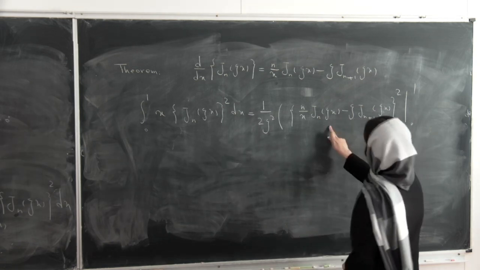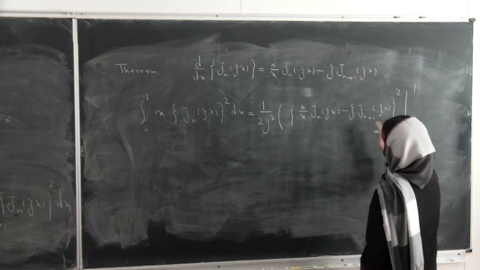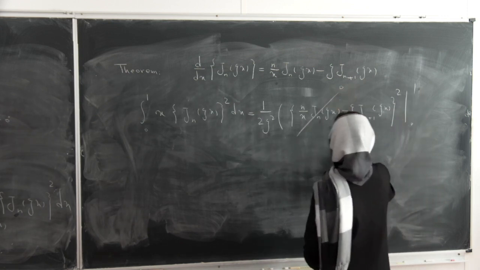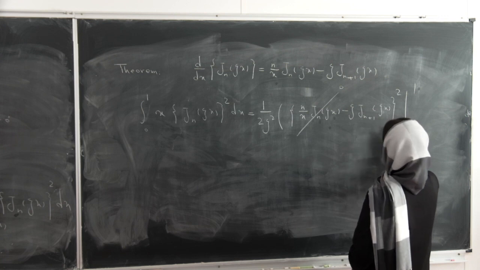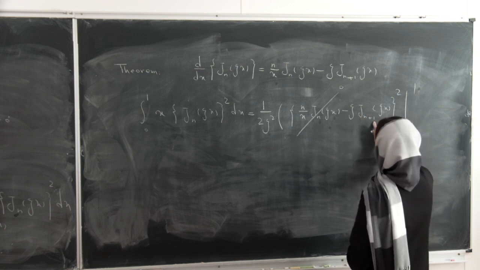Okay, and we know that Jn of xi for x equals 0 and 1 is 0. So we have only this part. Jn plus 1 at 0 is 0 too. But Jn plus 1 at xi is not 0.